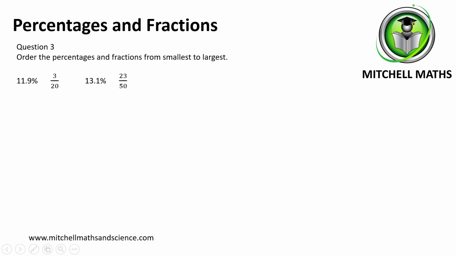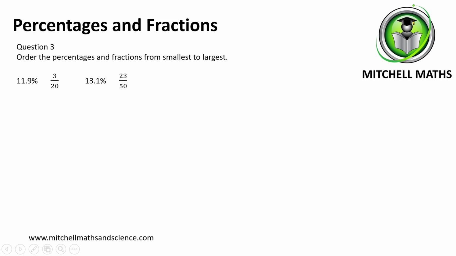Next question, we're going to have a look at ordering percentages and fractions from smallest to largest. In this question, what I'd do is I'd convert the fractions to percentages. That will be much easier, because if we wrote them all as fractions, we'd have to convert everything so it was over the same denominator, which would take a lot more work.